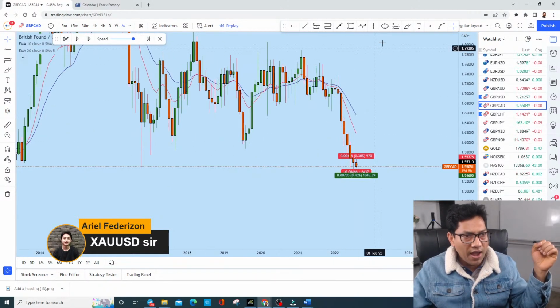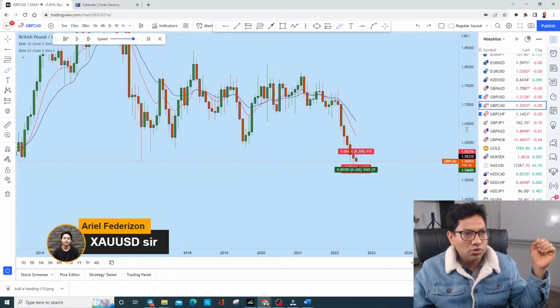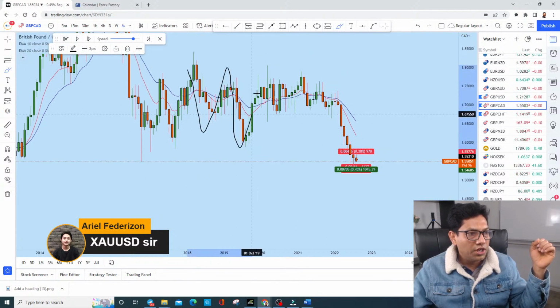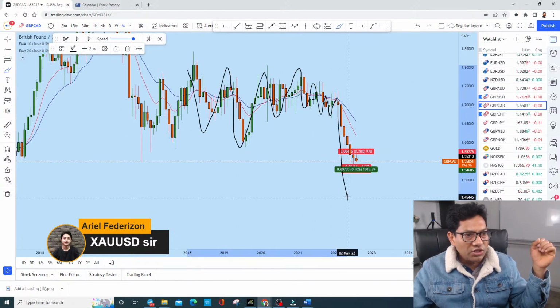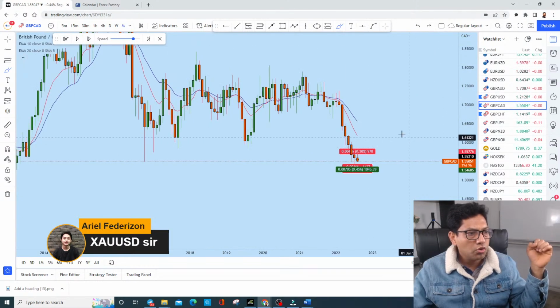You see this move happen. It's a very strong move. Now the more consolidation you see, the stronger the breakout will be all the time. Keep in mind, the more consolidation, the stronger the breakout will be.